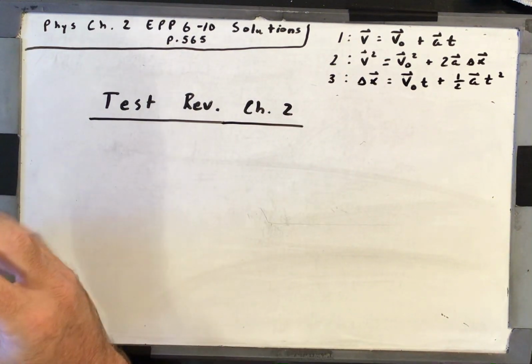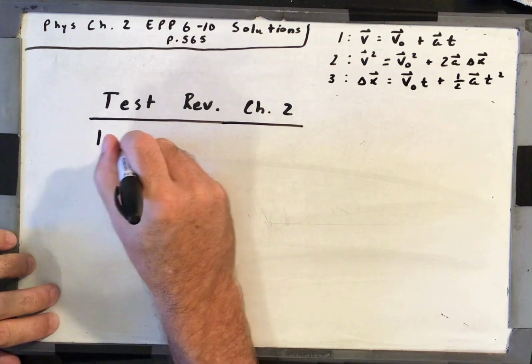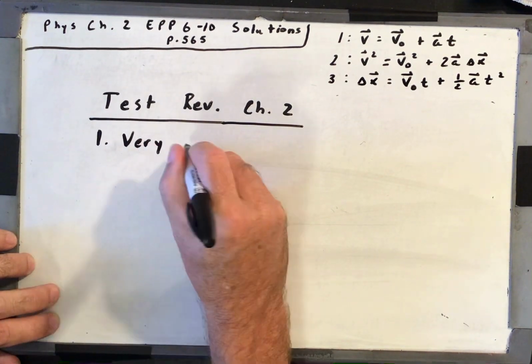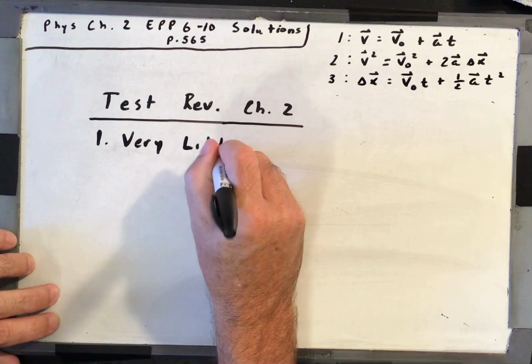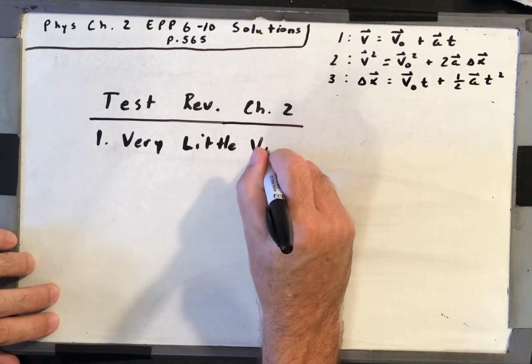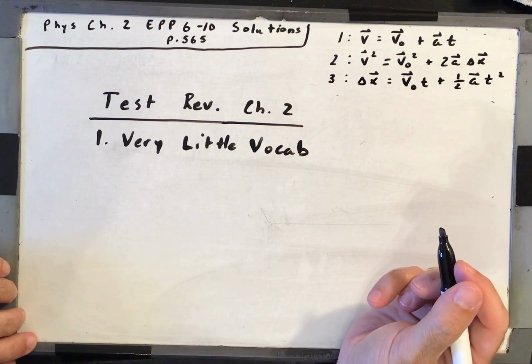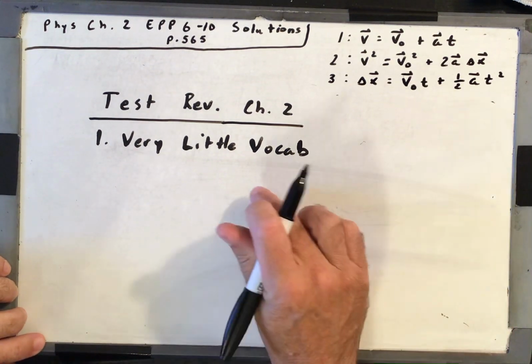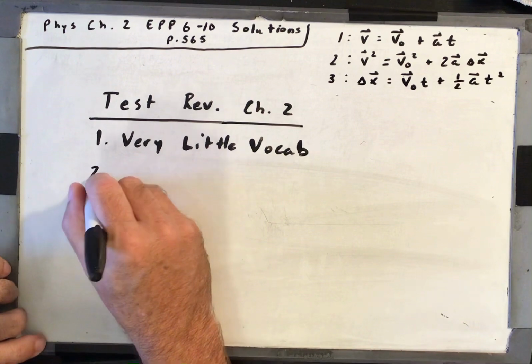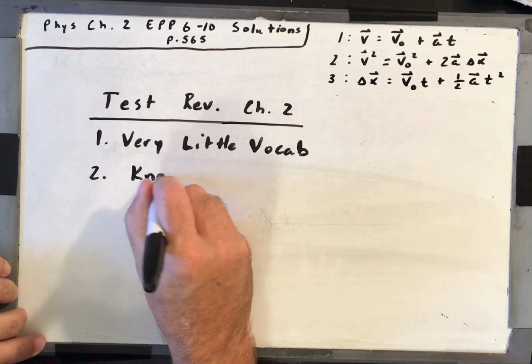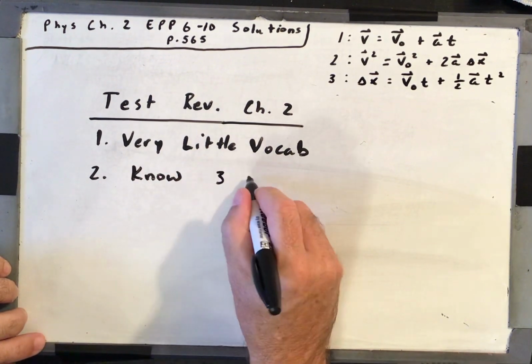It has very little vocab. There's a little bit. I can't say there's no multiple choice or true false, but there's very little vocab. You have to know the 3 equations.